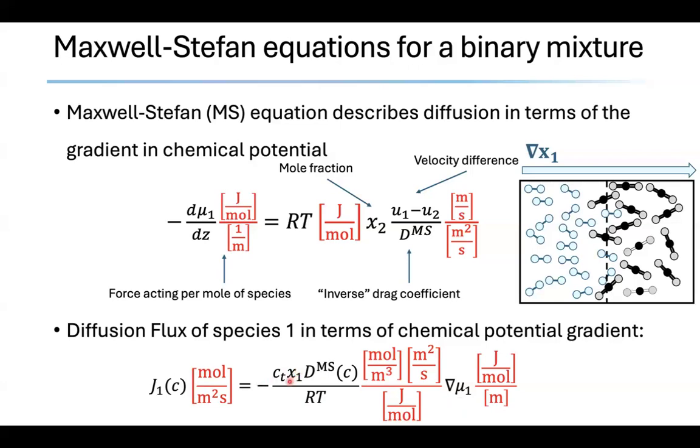What is also important to note is that it's directly proportional to the mole fraction of component 1. This is intuitive as the flux will increase if you have more of component 1.